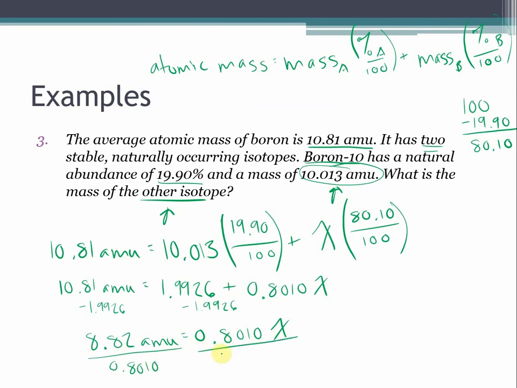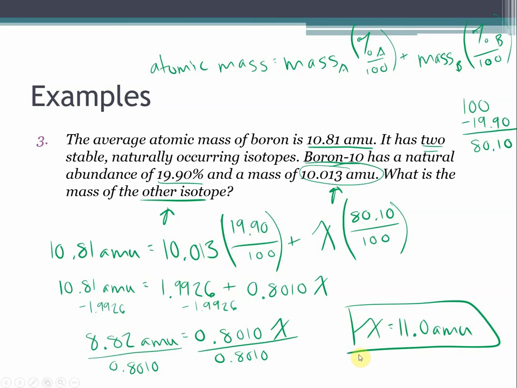Divide over there, divide over here. And we will end up with x is equal to 11.0 AMU. So that's the mass of our mystery boron isotope. So if we were going to write that, we could write it as boron 11 as our second isotope.